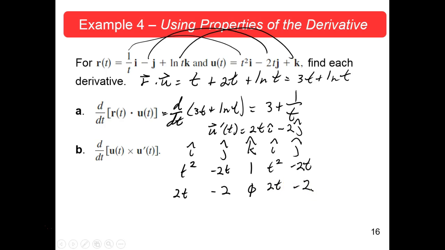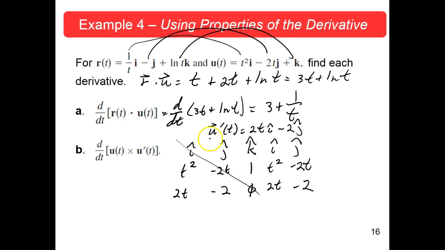Okay? Now to do the cross product, we go down the diagonal. And what does that give us? Multiplying. 0. Yeah, because you have a factor of 0.